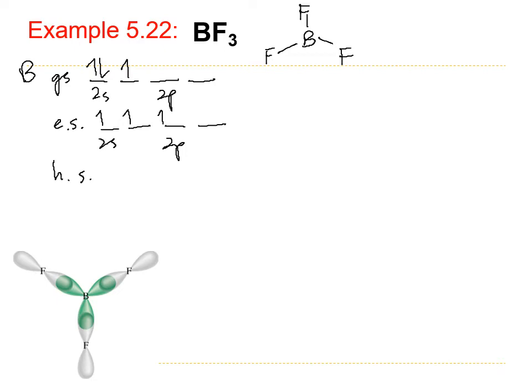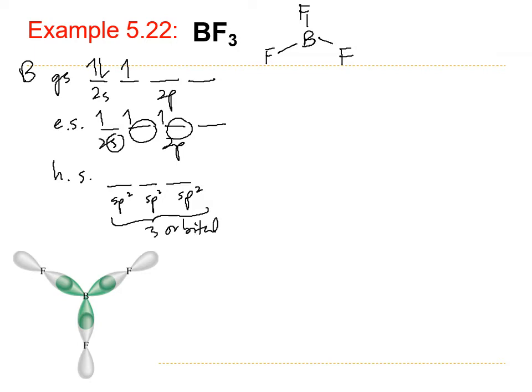At hybrid state, the 1 s orbital will combine with the 2p orbitals to become sp2, sp2, sp2, 3 orbitals of sp2. So there are 3 electrons there, and 1 orbital will be left empty.